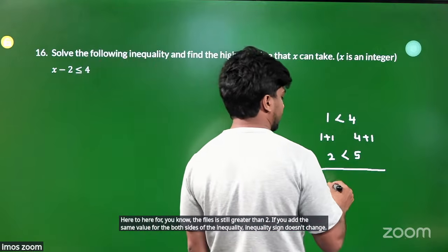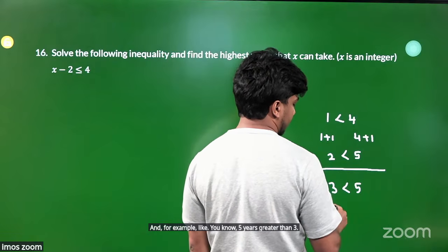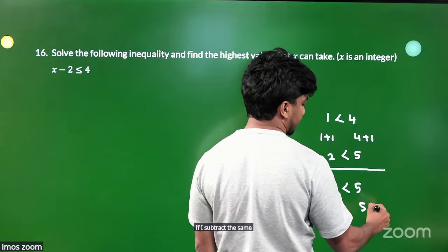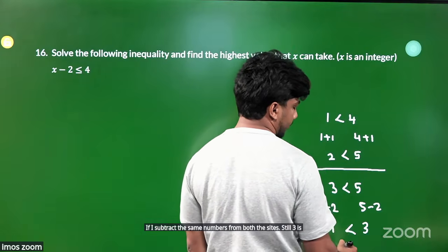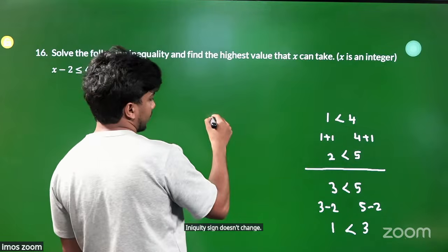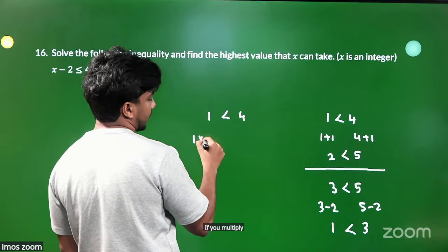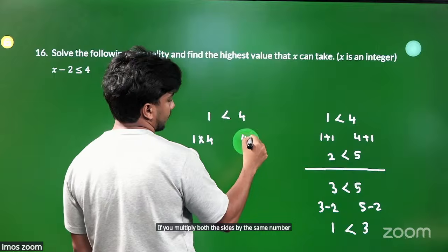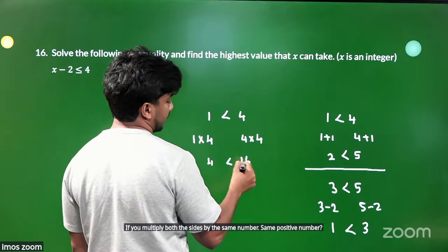And for example, 5 is greater than 3. If I subtract the same number from both sides, still 3 is greater than 1. The inequality sign doesn't change. If you multiply both sides by the same positive number, 16 is greater than 4.